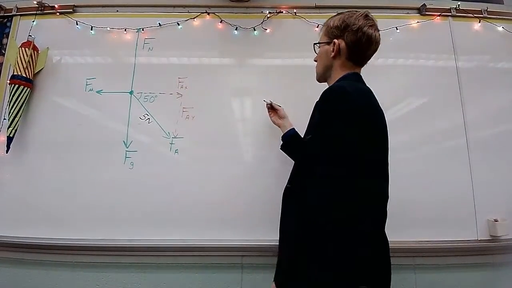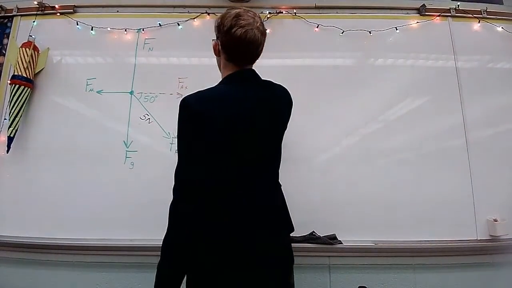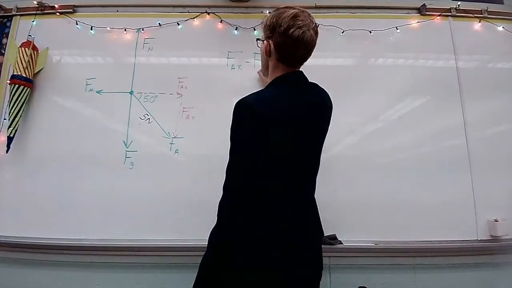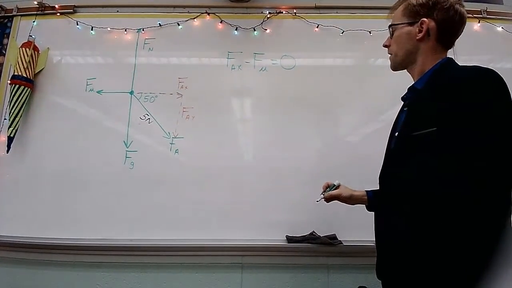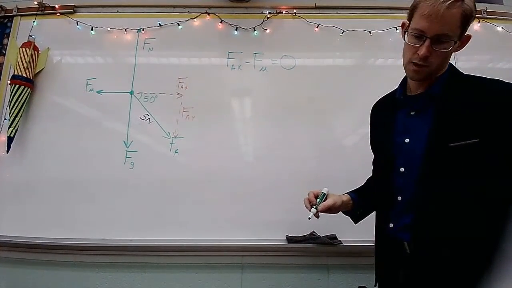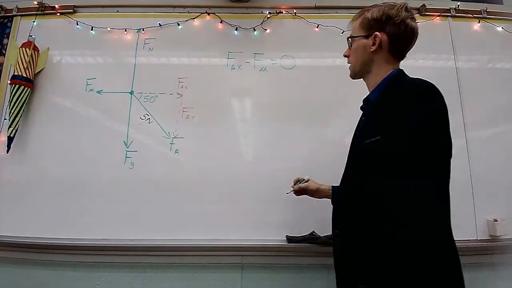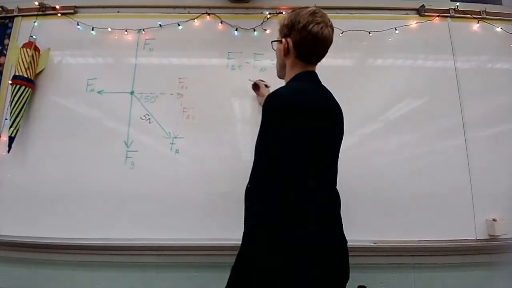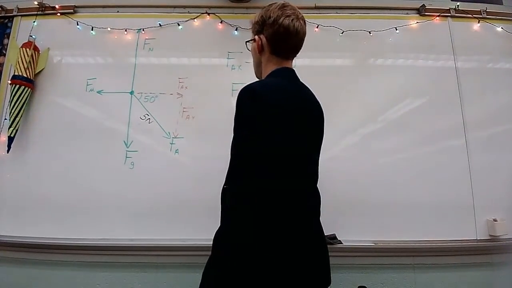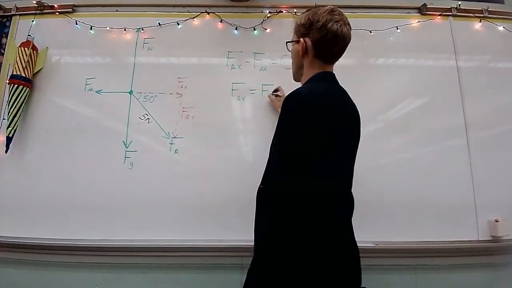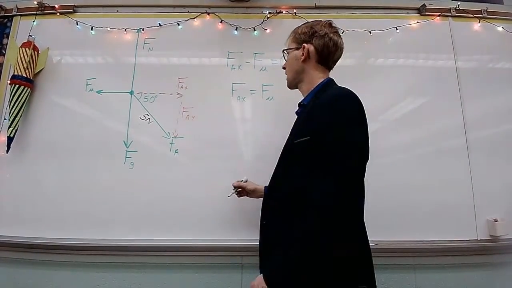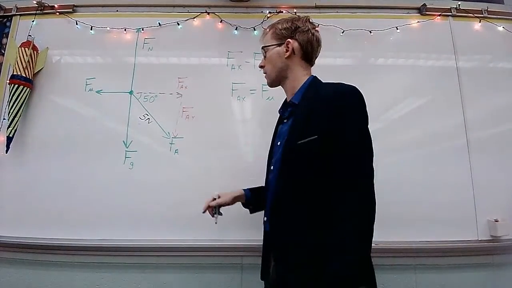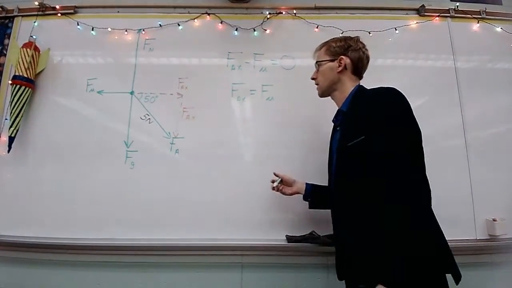So our force equation is simply going to be applied force in the x direction minus friction equals 0. So if I want to figure out the force of friction like it's asking, I chuck it over to the other side of the equation. Applied force in the x direction is equal to friction. So I just got to solve for the applied force in the x direction if I want to get my friction.